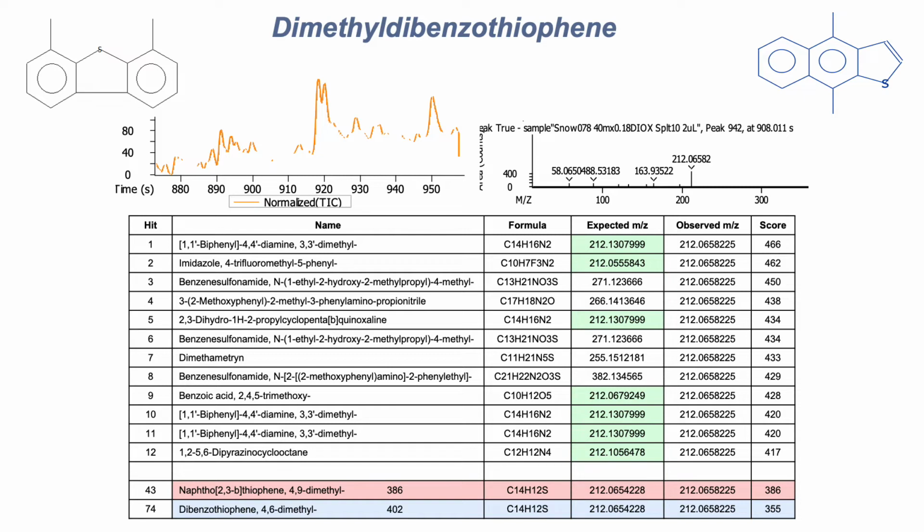But I think that we had dimethyl dibenzothiophene, whose best-hit isomer was number 74. Why do I think so?